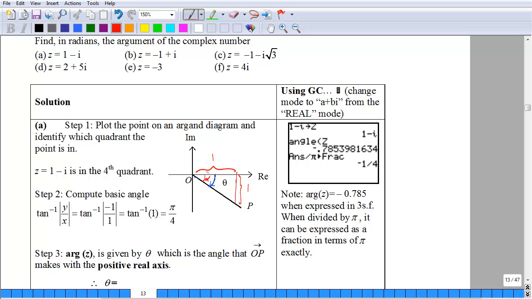First, we have to find alpha. From the diagram, we know that tangent alpha equals opposite over adjacent, which is 1. So therefore, alpha will be pi over 4. Now, theta is negative, and the size of theta is the same as alpha. So theta equals negative alpha, so theta is negative pi over 4.